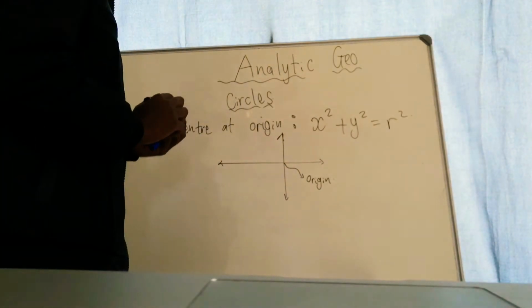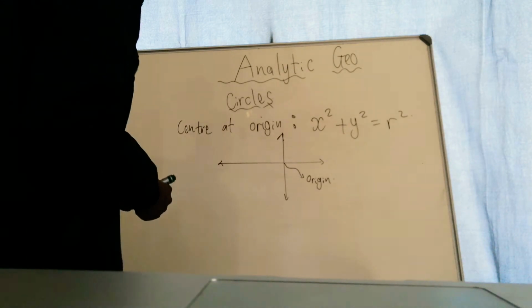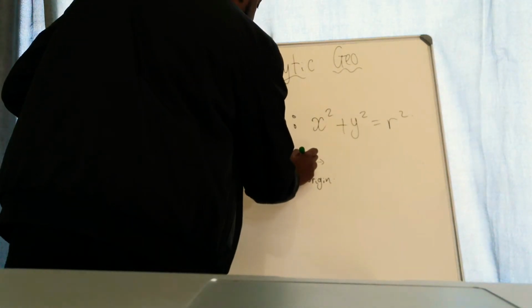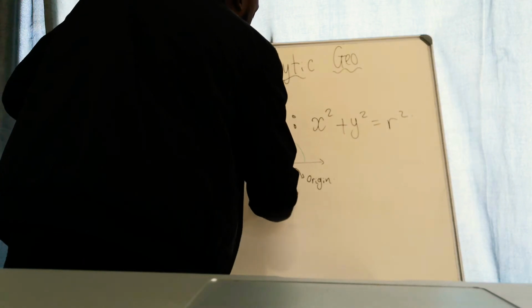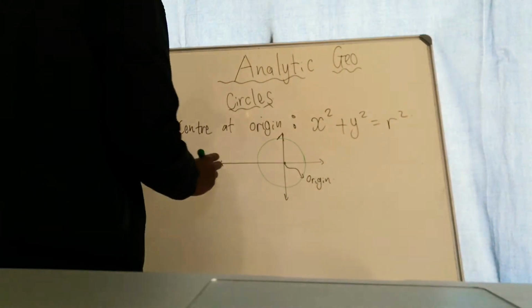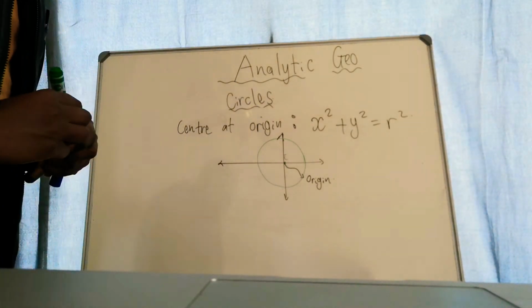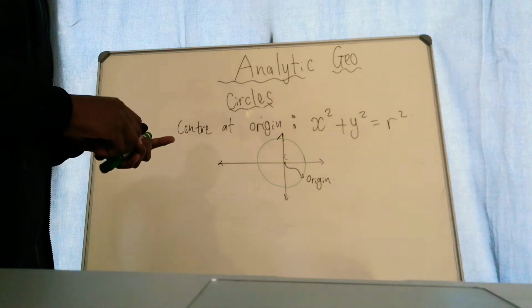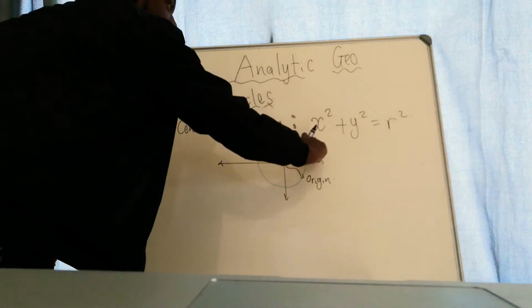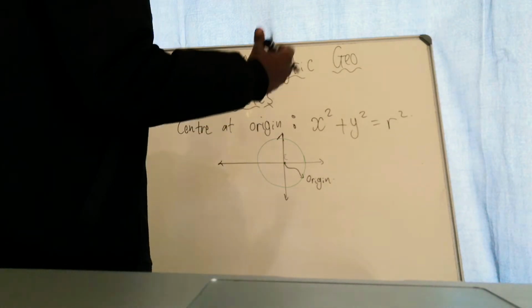So what do I mean if I'm talking about a circle that has its center at the origin? It just means that the circle goes around that point, and that's your center. So we'll call that point C. Do you understand? So that's how your circle looks. And that's the general formula of that type of circle, right?